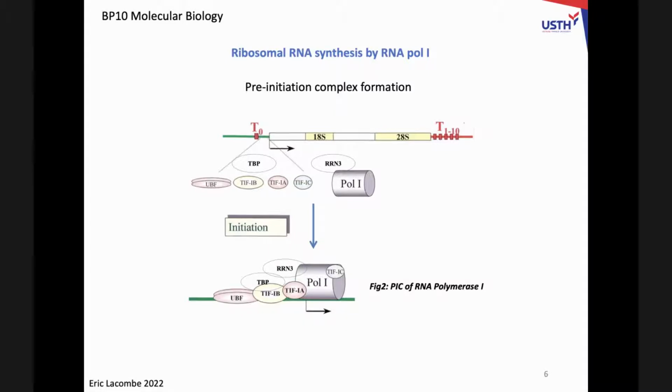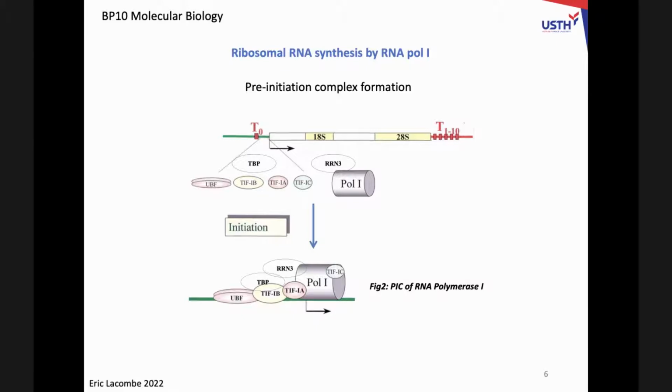It is able to specifically recognize the TATA box element that we can find in the promoter of Pol 1 genes. I tell you that because there are some misunderstandings. Most, if not all, the genes that are transcribed by RNA polymerase 2 contain a TATA box. But you will see later on that it's not always the case.